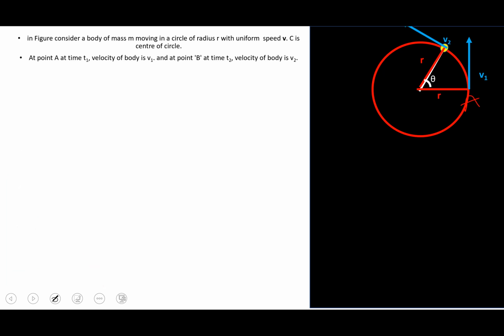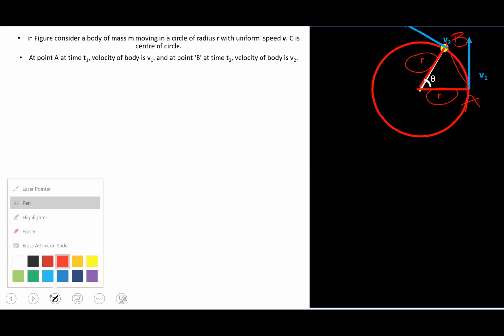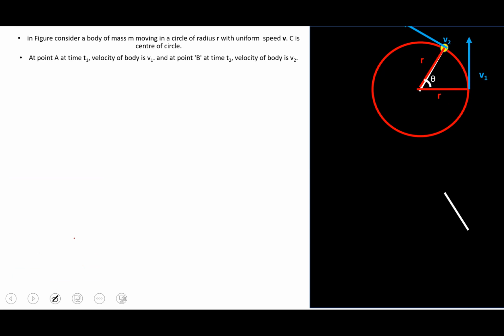Now, as we can see, from point A to point B, the direction of the velocity has changed, whereas the radius remains constant. And there is an angle theta between the two radii. The distance from point A to point B, we call this small distance S, or the arc length.